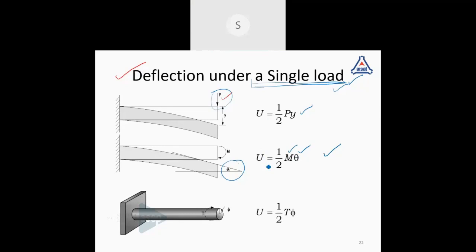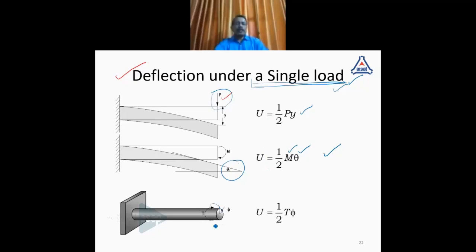Now the third case is a case of torsion. A torque is applied onto this circular bar. Once a torque is applied, the bar which is fixed at one end undergoes a twist of phi.